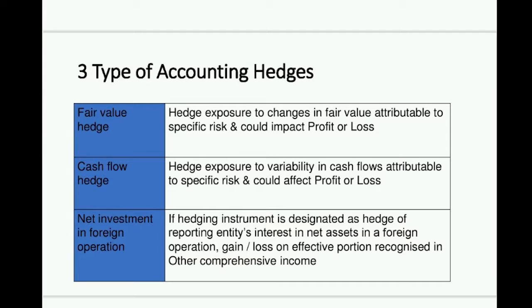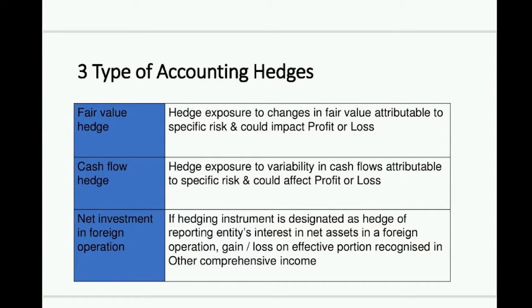So effectively, we still have three types of hedges. You have your fair value hedge, which is a hedge of exposure to changes in the fair value that are attributable to a specific risk, and which, if those risks occurred, could impact profit or loss. A cash flow hedge is a hedge of exposure to variability in cash flows attributable to a specific risk, and which could also affect profit or loss.